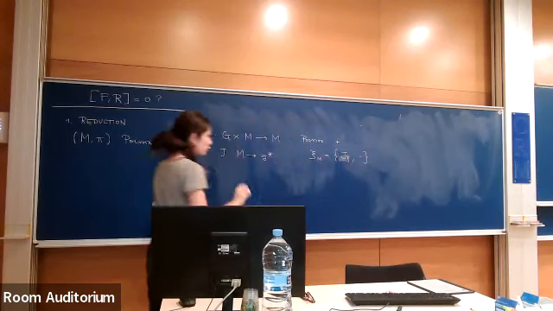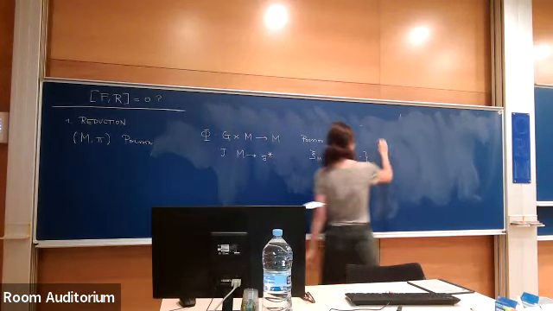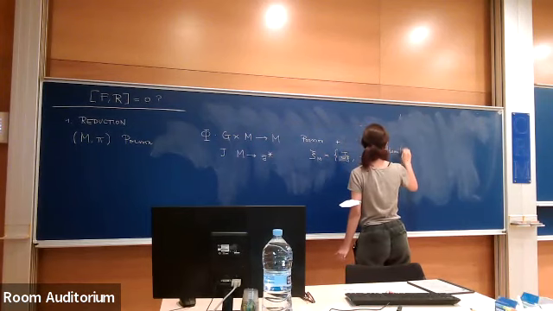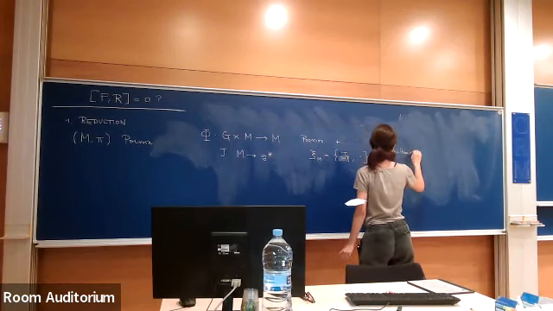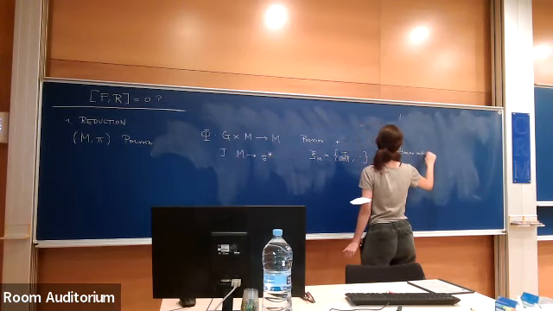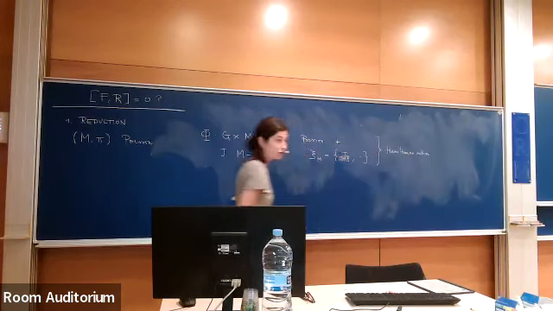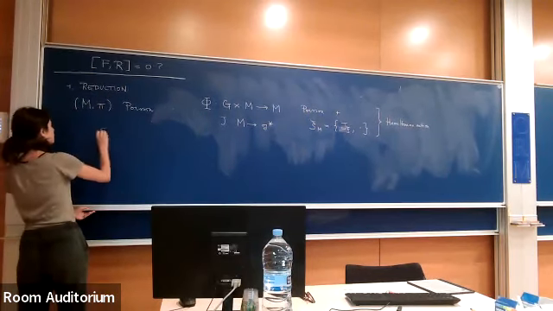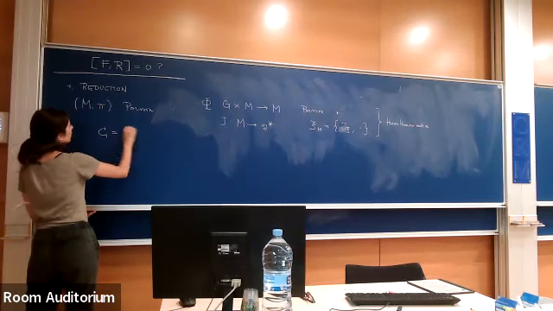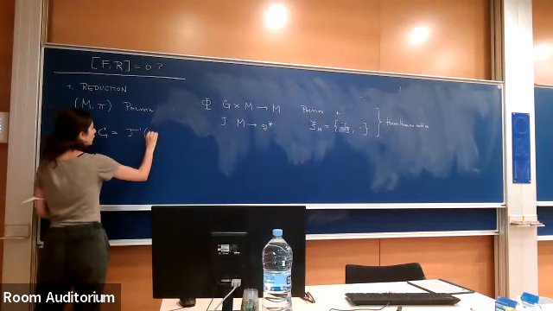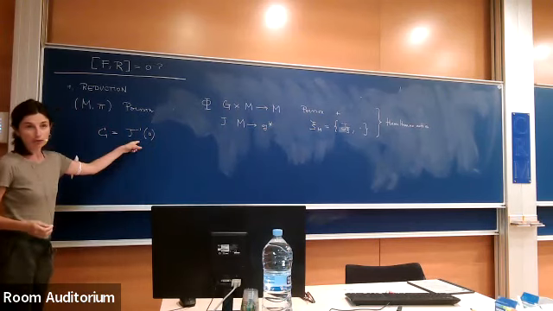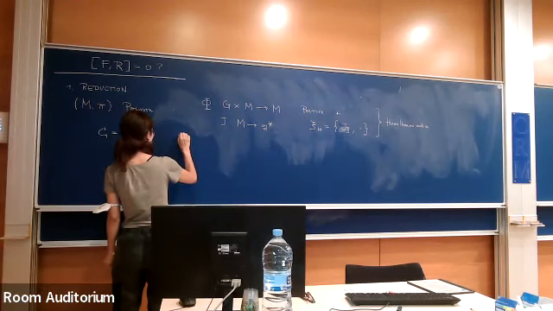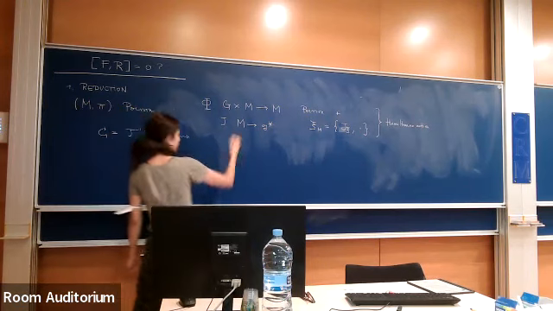Okay, so this is all we know. This is what we call a Hamiltonian action. When we have such an action, what we can do is just taking the pre-image of a regular value of my momentum map, and then quotient out by the action.